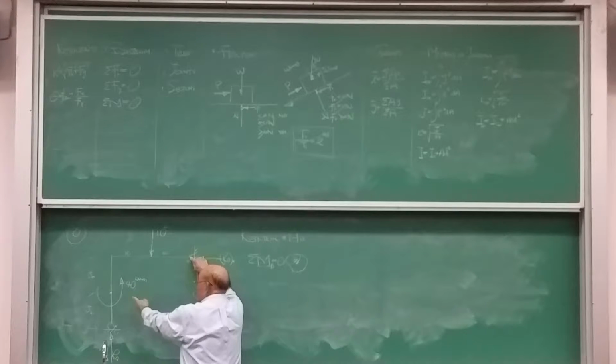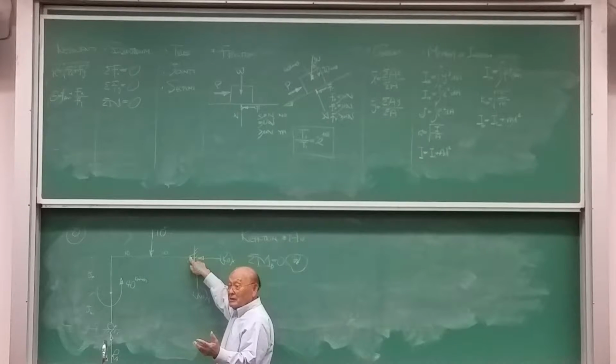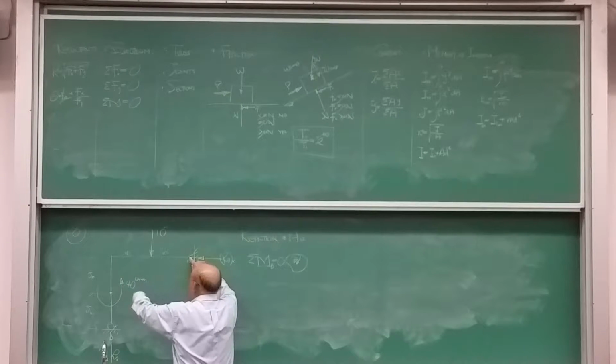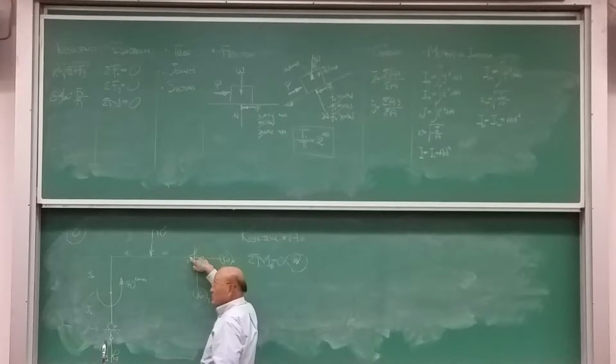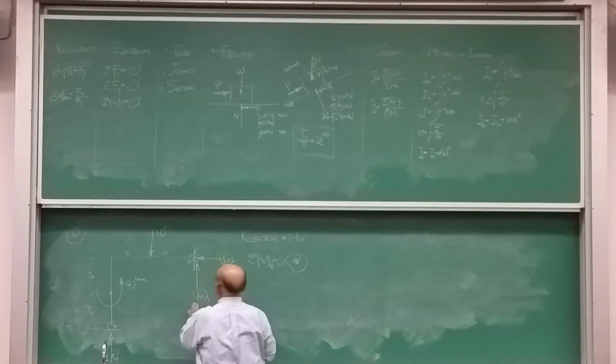What should I do about this couple? It's already a couple moment, so all we have to do is it's going clockwise and negative 40. So a couple can be any place. It doesn't affect the problem. You see it? And plus R sub A times 20 is equal to 0.